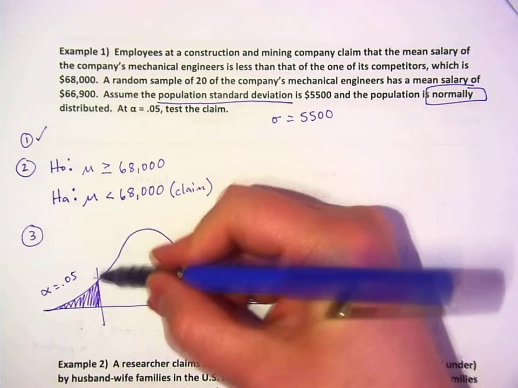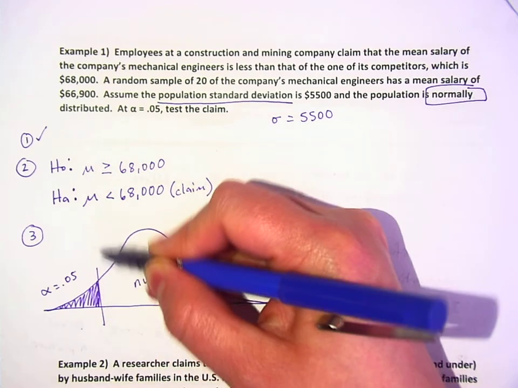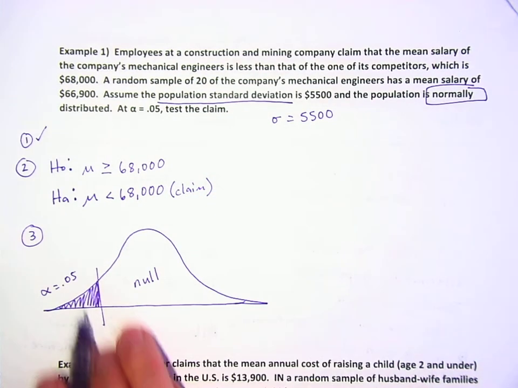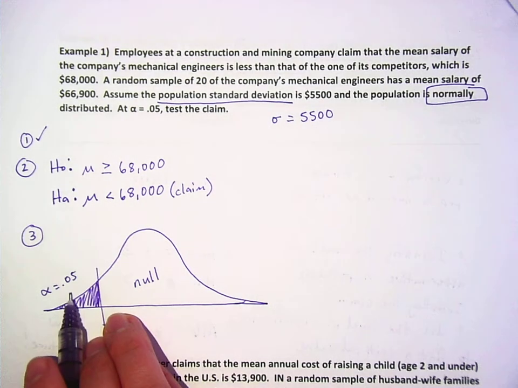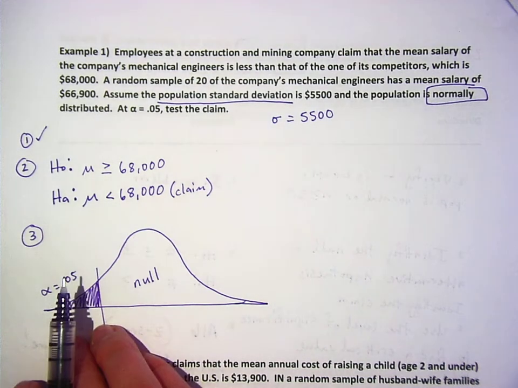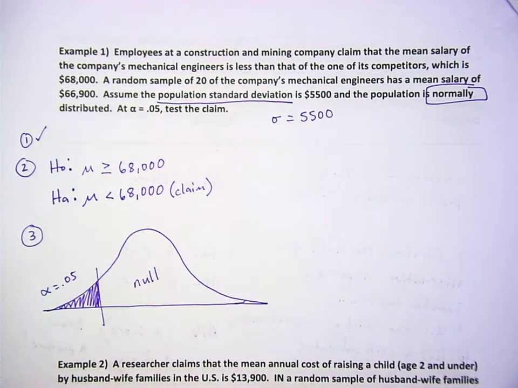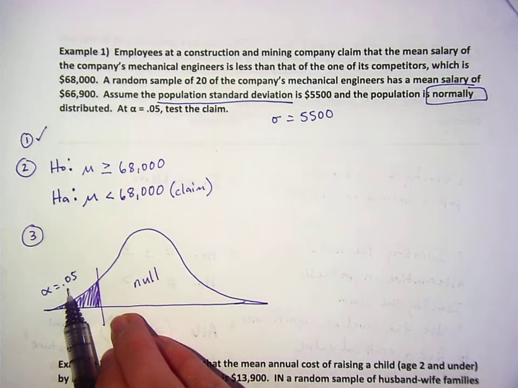So I need to find out what this z-score is right here that gives me an area of 0.05 on the left. How do I do that? What do I look up in the table to figure that out? But it's 0.05 and it's to the left. Does the table read to the left or to the right? Left. The table reads to the left, so we're going to look up actually just straight up 0.05.